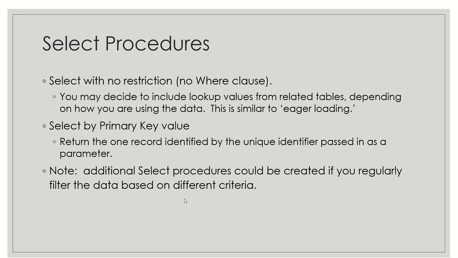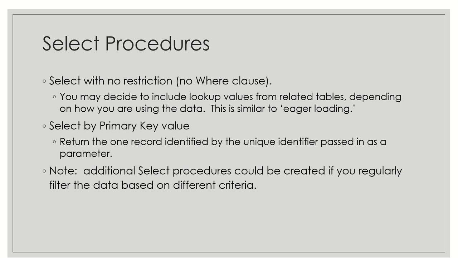So the 3 options here we have for select procedures are for selecting with no restriction, that's selecting everything. And we might decide to include lookup values from related tables as well. So for example, if you consider our company database, we had a list of employees. If we want to select all the employees, we might also continue selecting their associated department names.